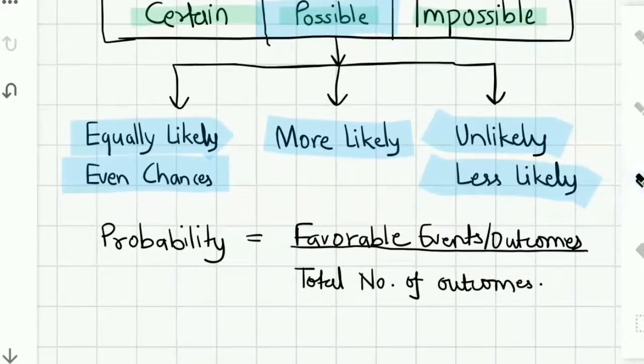Can you think of examples of such events that are equally likely? Take the example of the coin tossing experiment. Here, heads or tails, which one will come up? It's equally likely because our coin is not biased.